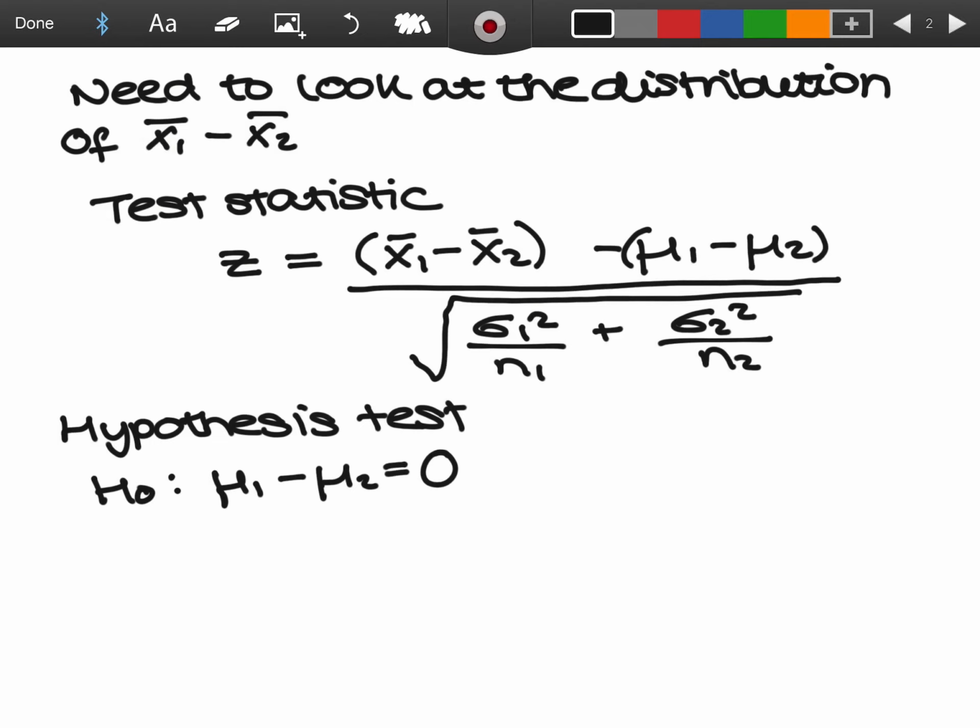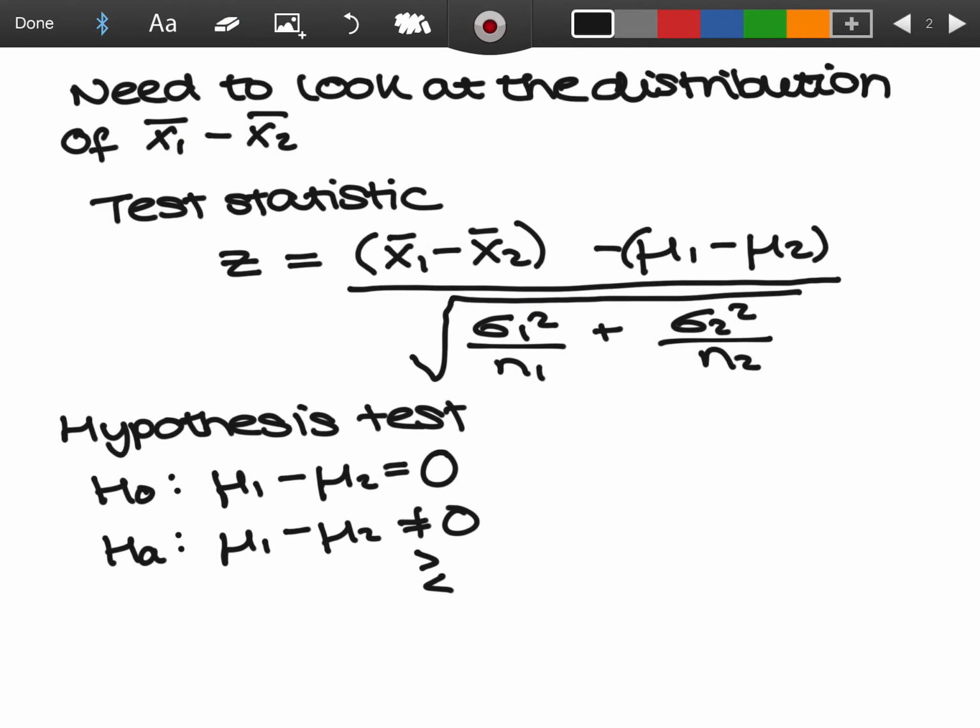Your alternative hypothesis can have three different forms, as always. You can have that mu1 minus mu2 doesn't equal 0. That's a two-sided hypothesis. You can have that they're greater than 0 or less than 0. Now, bear in mind what each one of these means. If mu1 minus mu2 doesn't equal 0, it just means that mu1 doesn't equal mu2.